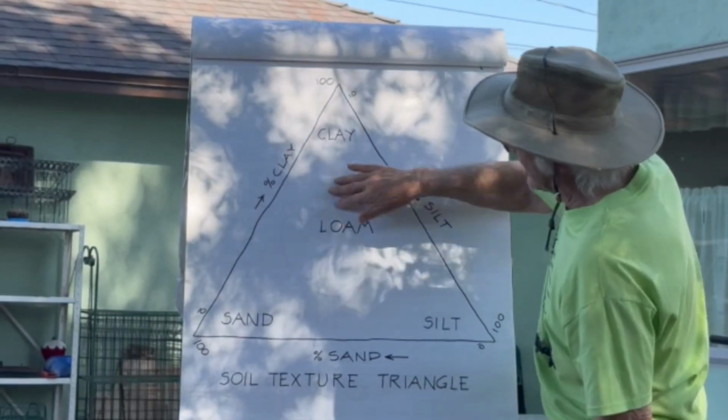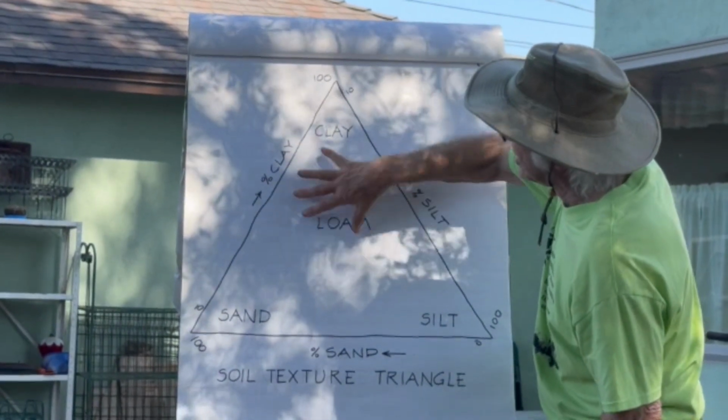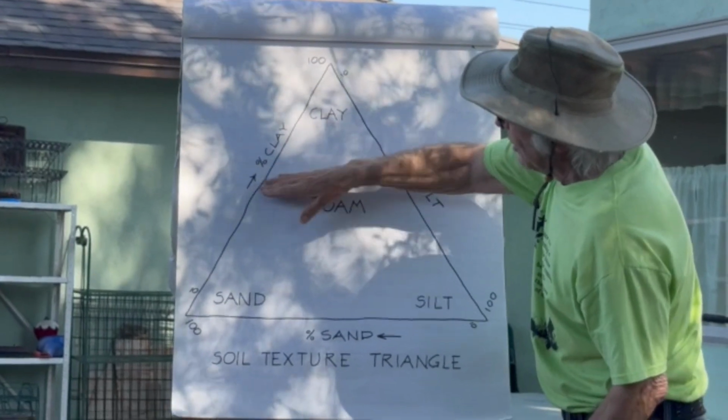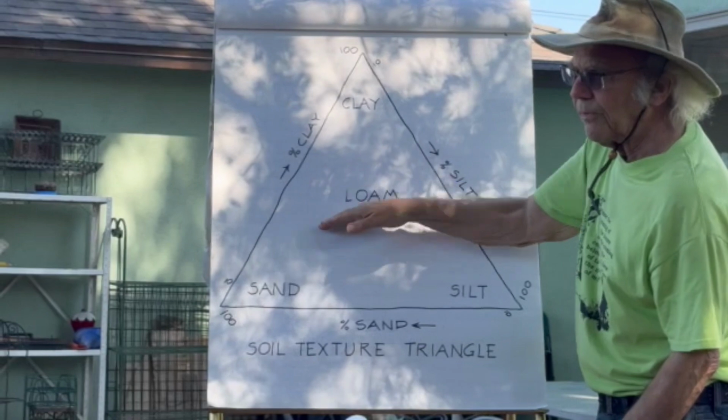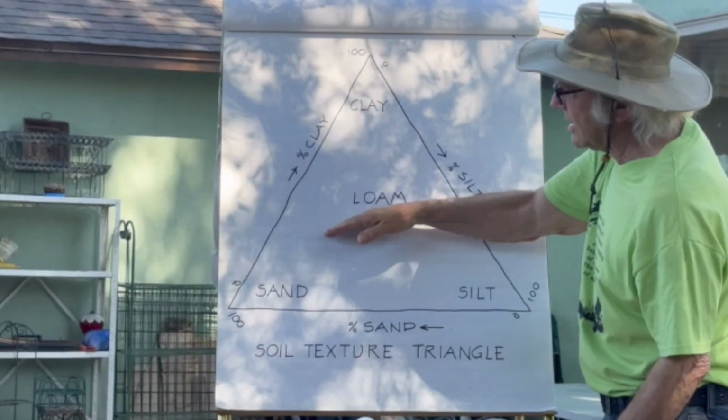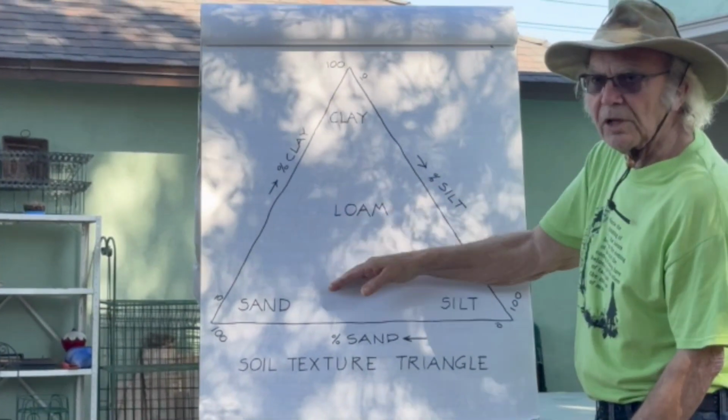This is subdivided many times, but we usually end up somewhere in here. And so that indicates the loamy soil.